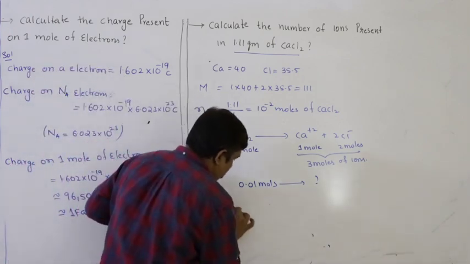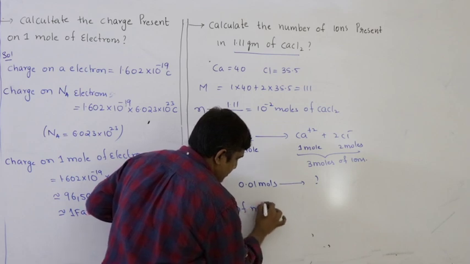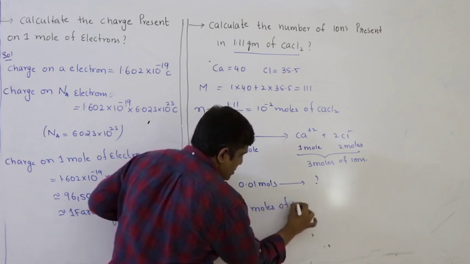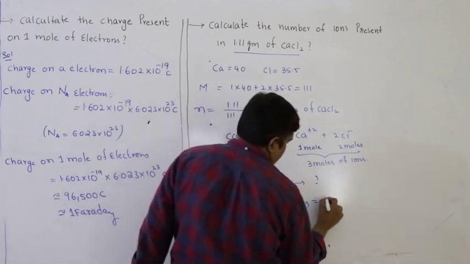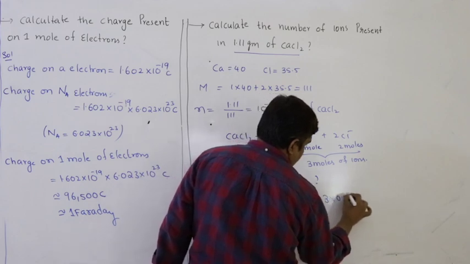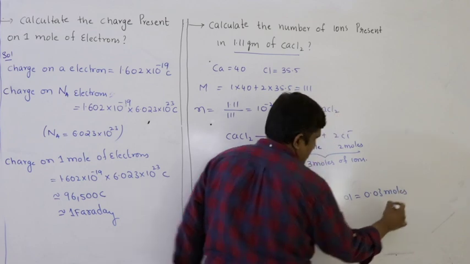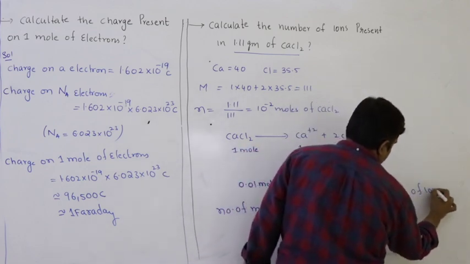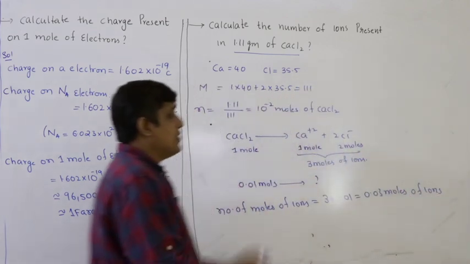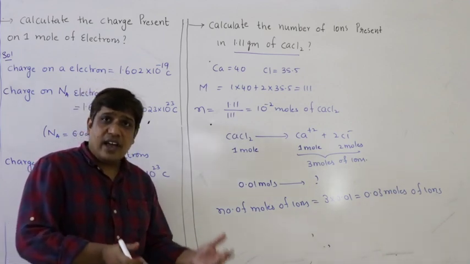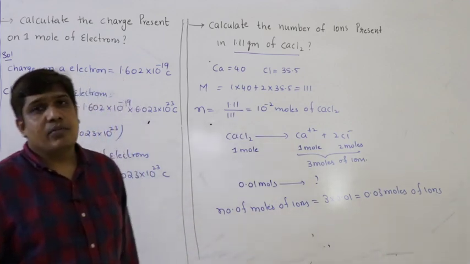So number of moles of ions is equal to 3 into 0.01, that is 0.03 moles of ions. But we require number of ions. 1 mole of ion contains Avogadro number of ions.